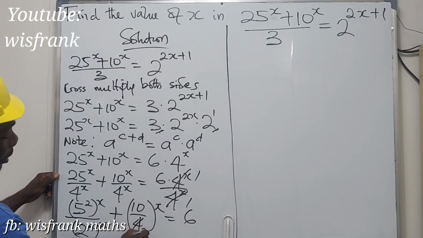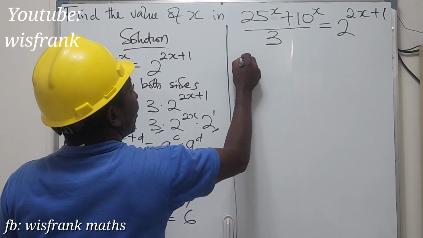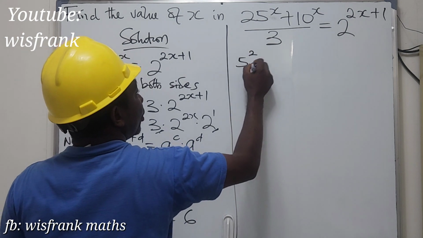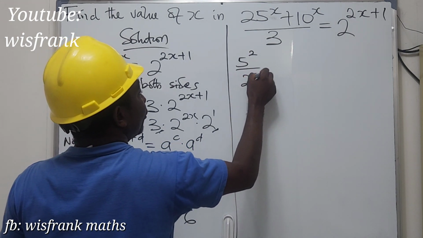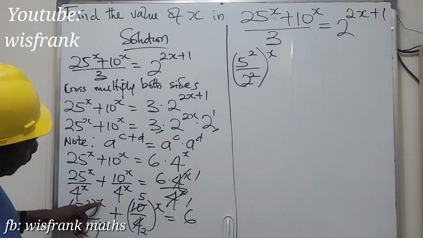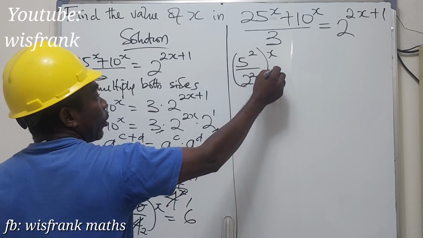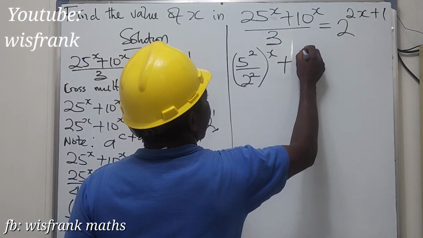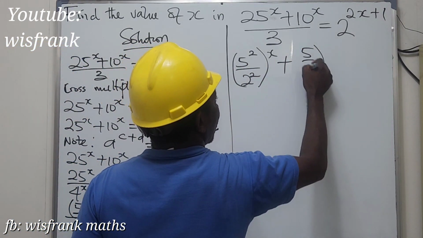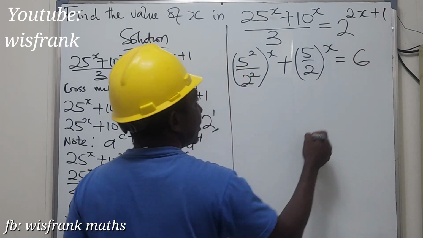Here 2 can cancel 2, and 2 can cancel 5. So we are now left with 5 to the power of 2 all over 2 to the power of 2, all to the power of x, because we have to the power of x and to the power of x. So this is how it becomes, plus 5 all over 2 all to the power of x equals 6.